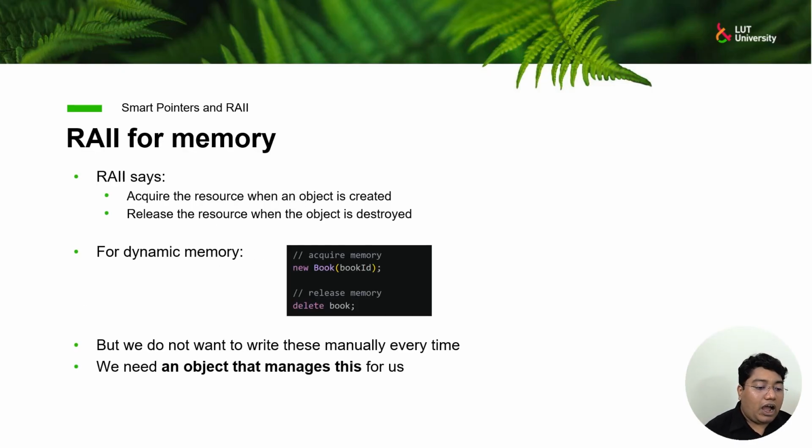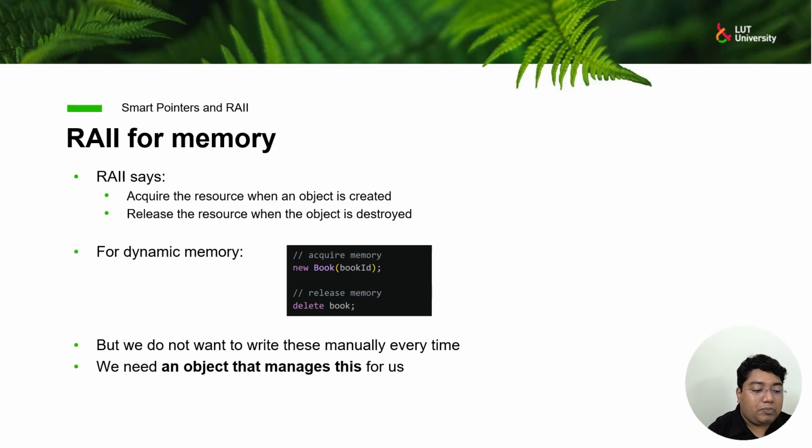Now let's apply RAII specifically to dynamic memory. The rule stays exactly the same. When an object is created, it acquires the memory. When an object is destroyed, it releases that memory automatically. The problem is that we don't want to write a custom class every single time we allocate something on the heap. Imagine writing your own constructor and destructor for every pointer you ever create.